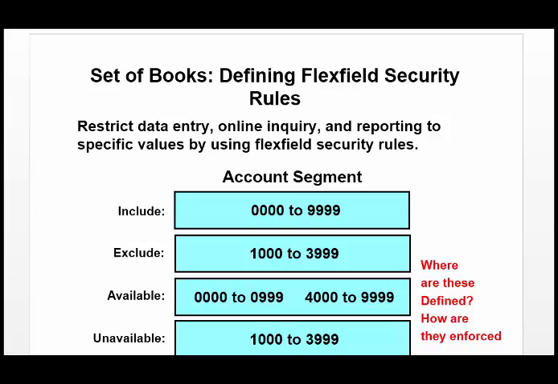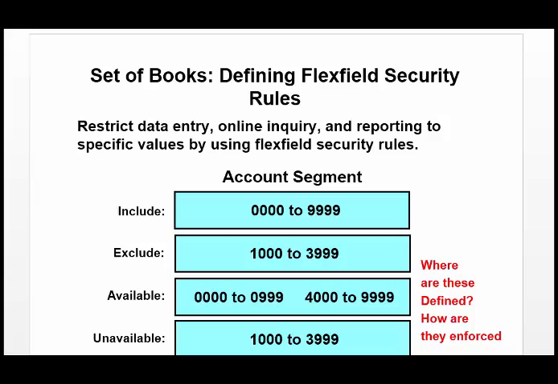So as you can see from the slide, a particular employee is given access to accounts that start with 0000 to 9999. However, within that range, there is a set of accounts that the employee should not access. So from 1000 until 3999, the employee should not have access to these accounts.